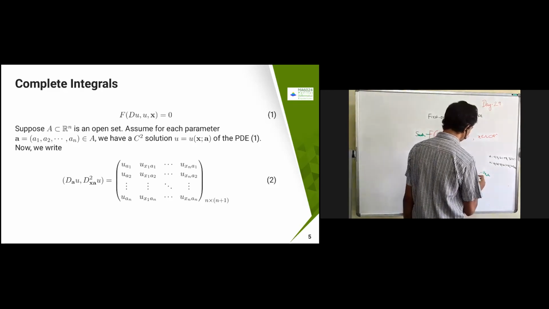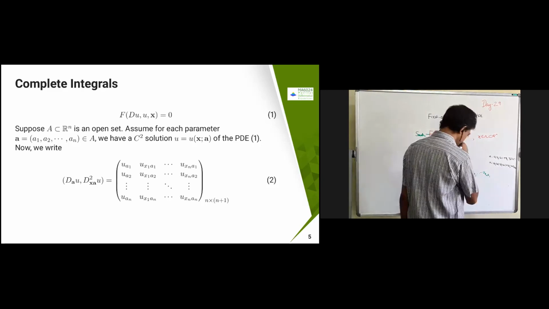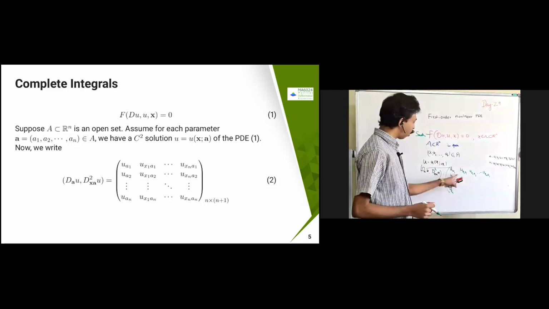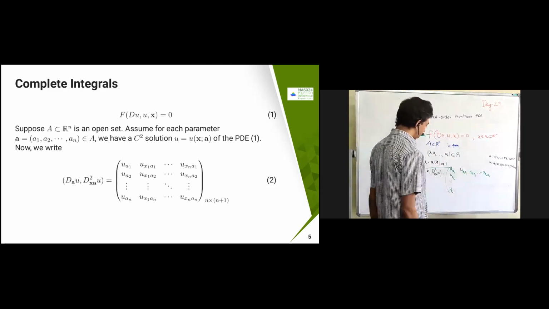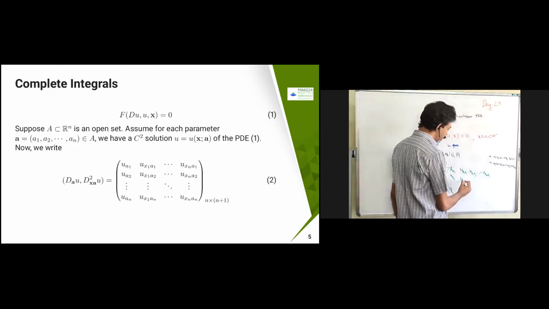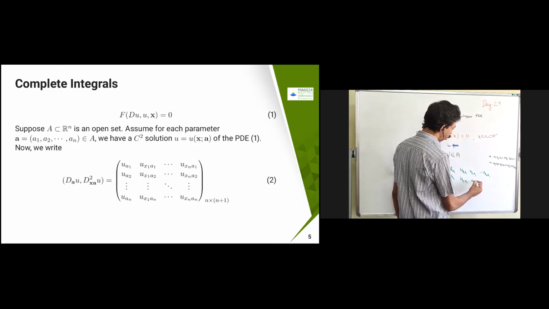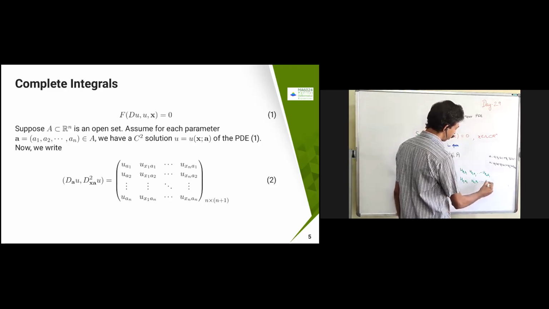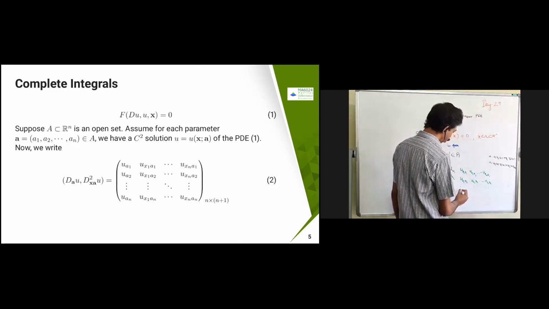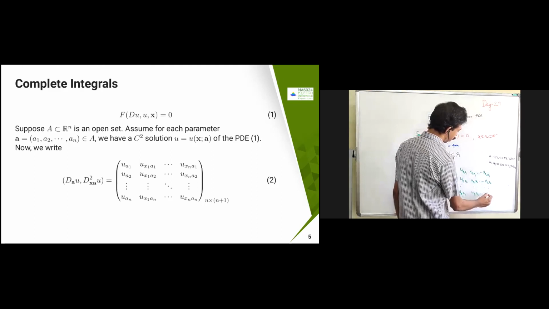Here everything is a1, so I'm just fixing a1 and varying only x. Similarly, here I will have u_x1a2, u_x2a2, etc., u_xna2, and so on. So here it is going to become u_x1an, u_x2an, etc., u_xnan.